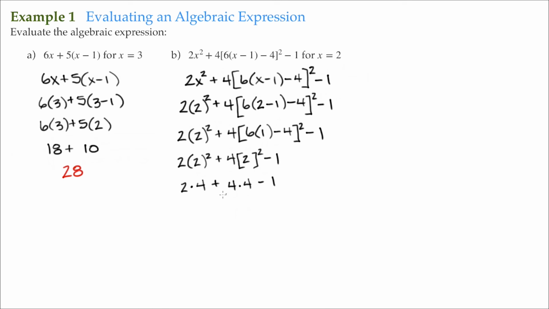Again, following the order of operations, we'll do the multiplication from left to right as it occurs. 2 times 4 is 8. 4 times 4 is 16. 8 plus 16 minus 1. 8 plus 16 is 24. Minus 1 is 23. So 2x squared plus 4 times 6 times x minus 1 minus 4 all over squared minus 1, when the value of the variable is 2, is 23. And there we go.